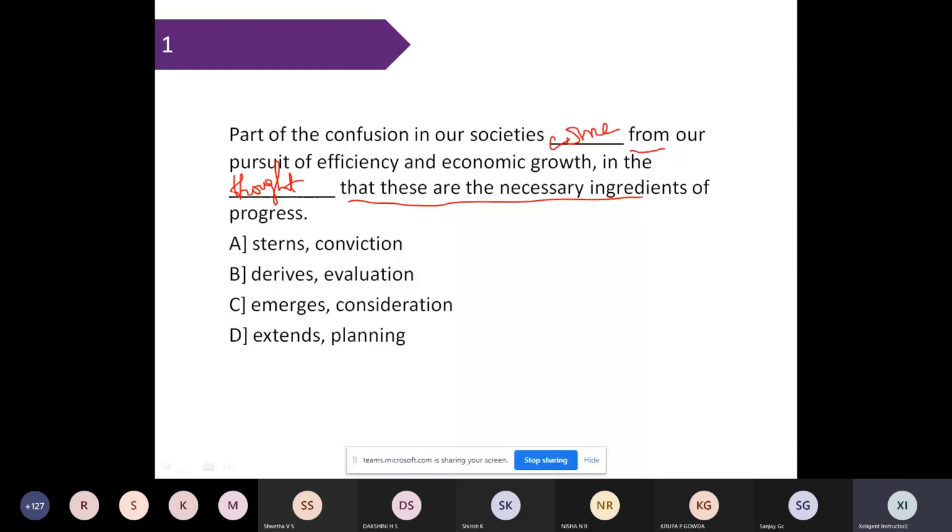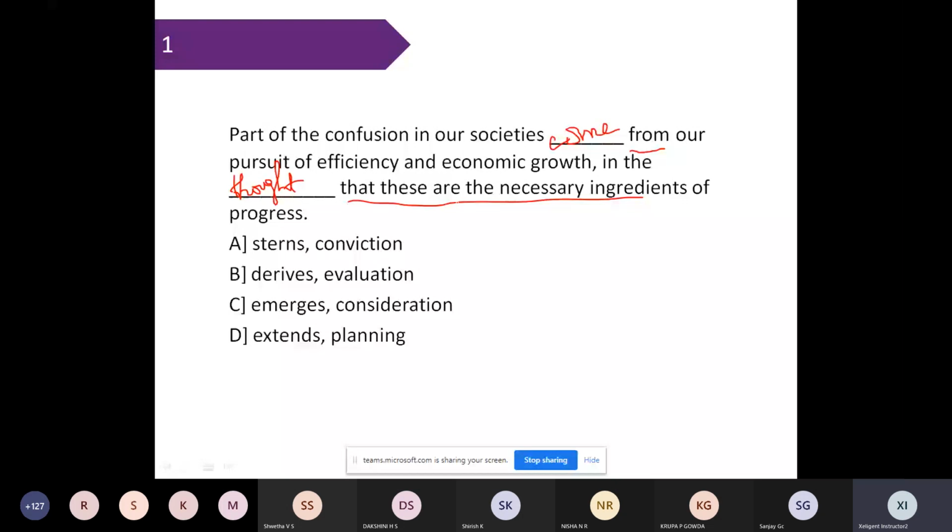It is development or advancement. So I'm making a guess after reading the entire sentence that thought would be the approximate guess for the question. And now I'm going with the options.